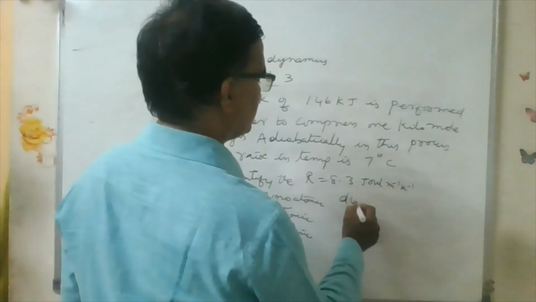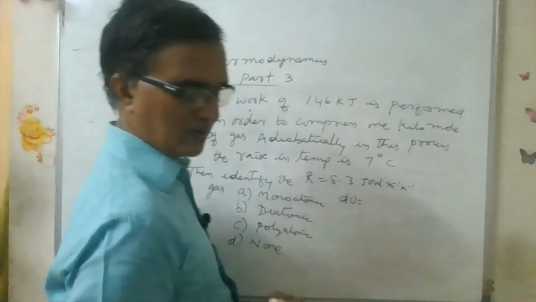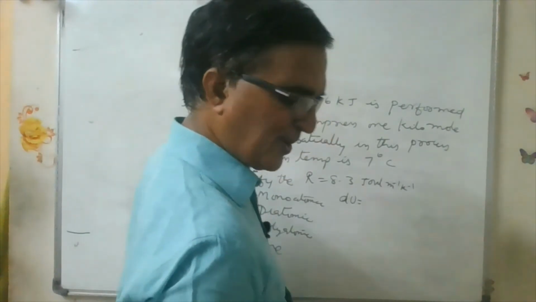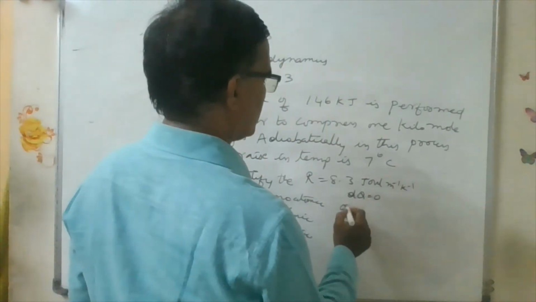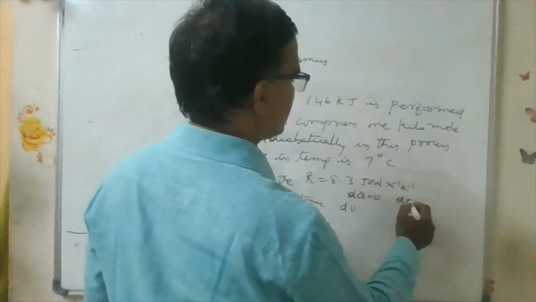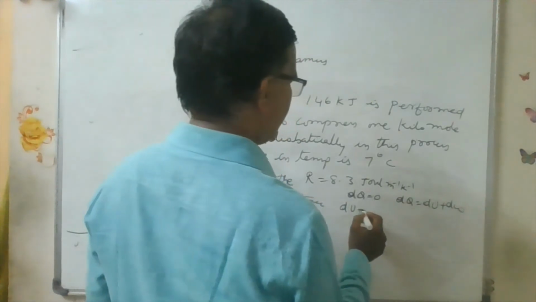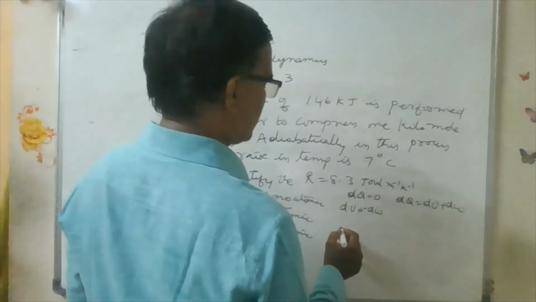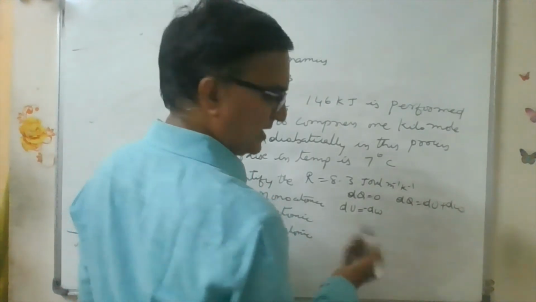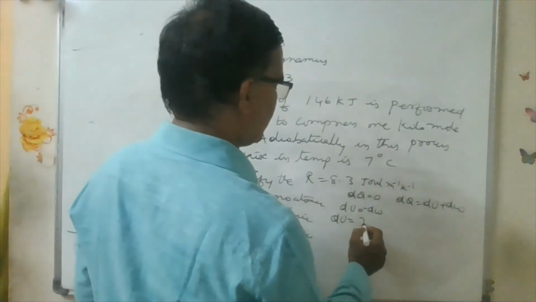dU is equal to, adiabatically performed. Adiabatic process means dQ is 0. So dQ is equal to dW, both are the same, so you can write n Cv dT.